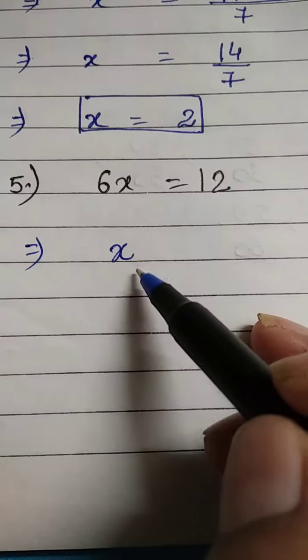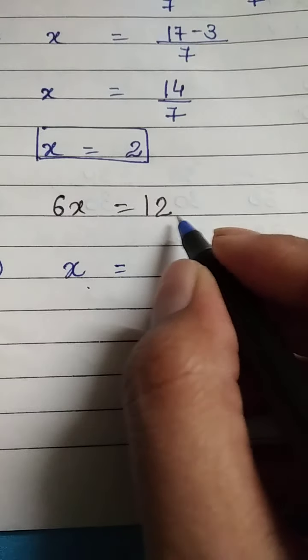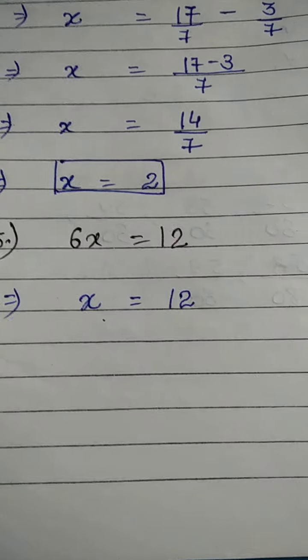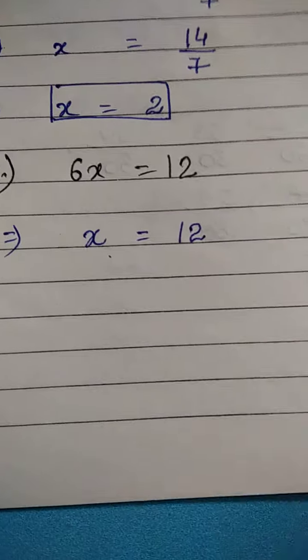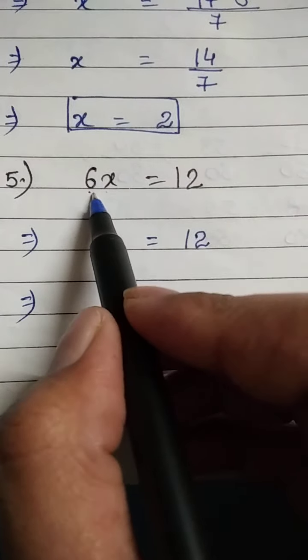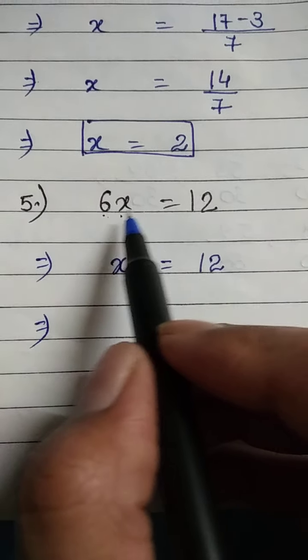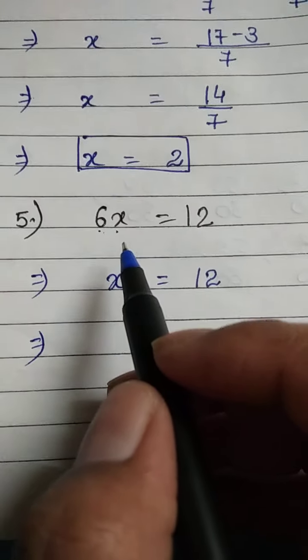We will take only x is equal to, on the opposite side what is already there, 12. So who is changing the place? 6. Before changing the place of 6, 6 is present here with the multiplication symbol. When we don't have any symbol, it means there is a multiplication symbol.